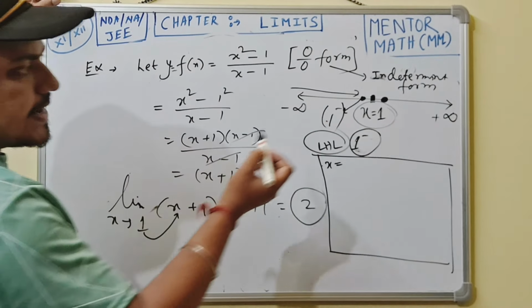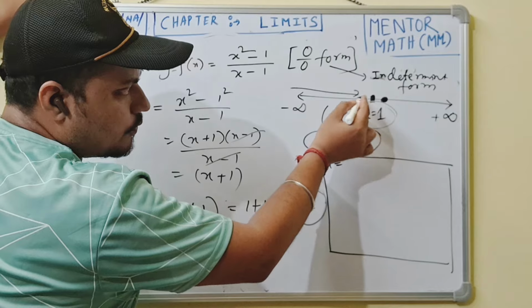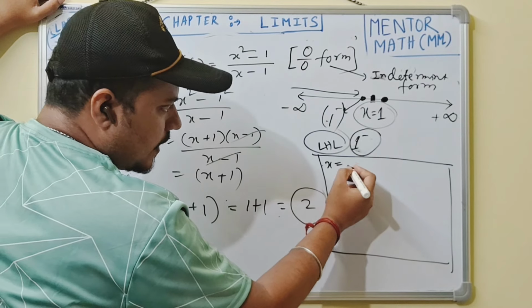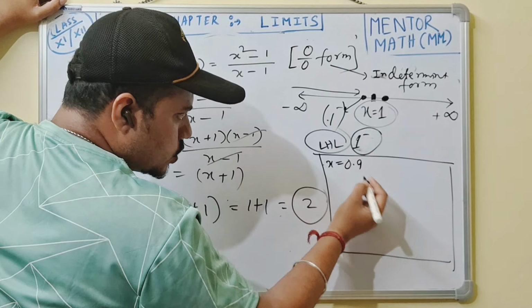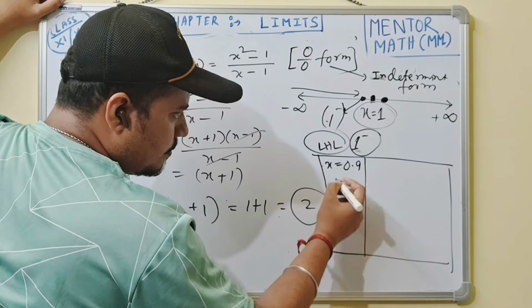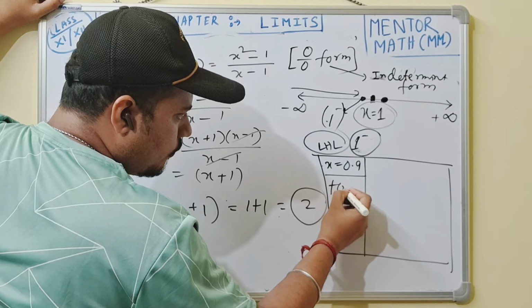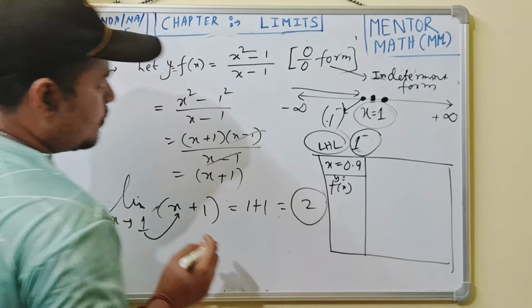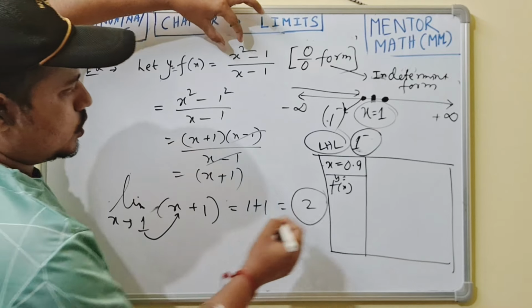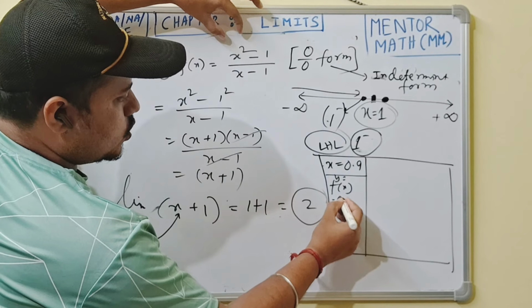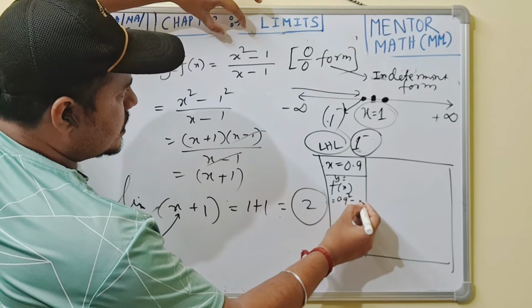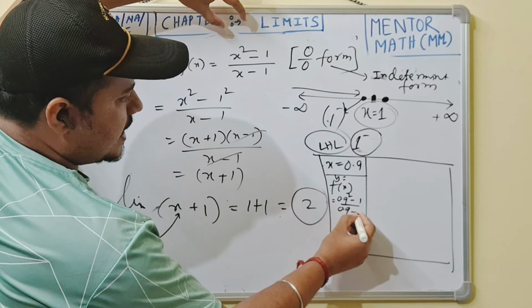Okay, so if I take a point close to 1 from the left hand side, say 0.9, at that time the value of f(x), y equal to f(x), you can put here and check also. That is 0.9 square minus 1 by 0.9 minus 1.